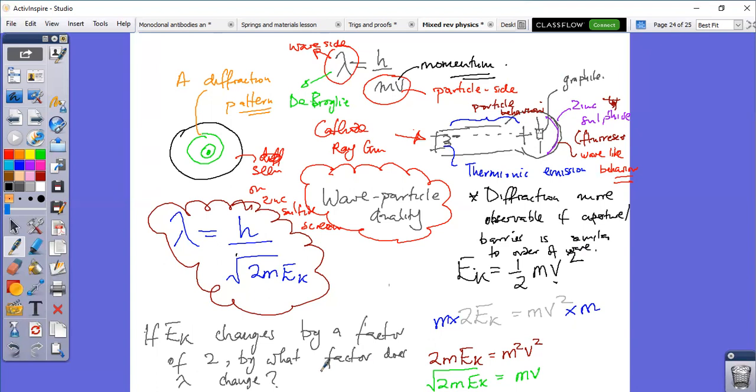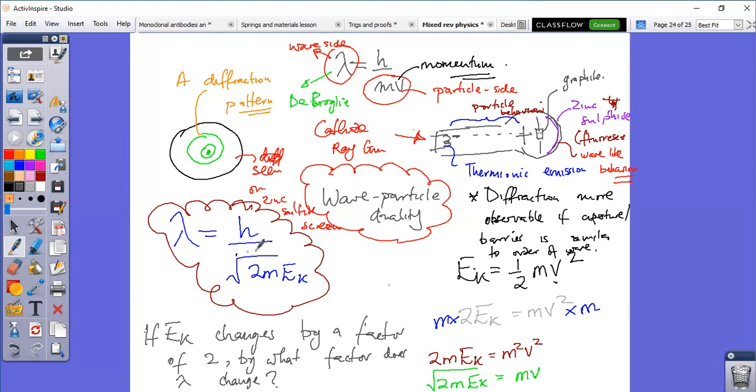Root 2. Root 2? Yeah. Or do you mean 1 over root 2? I don't know. Actually, no, it's 1 over root 2.